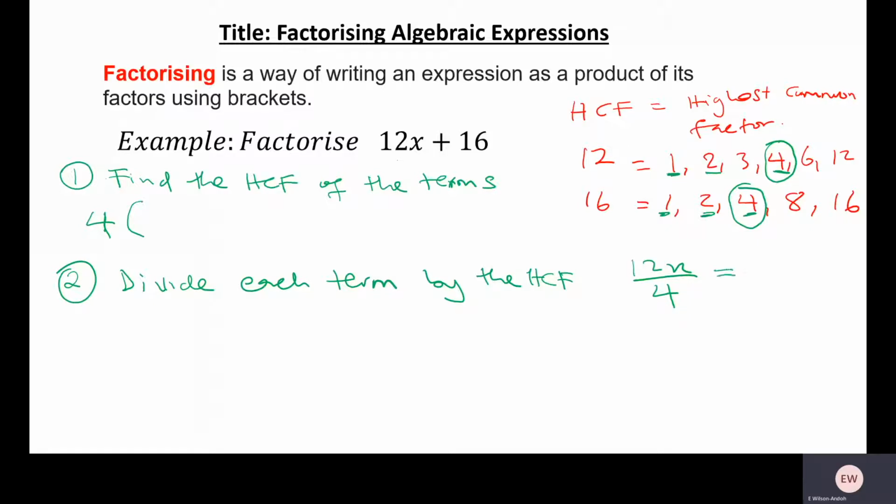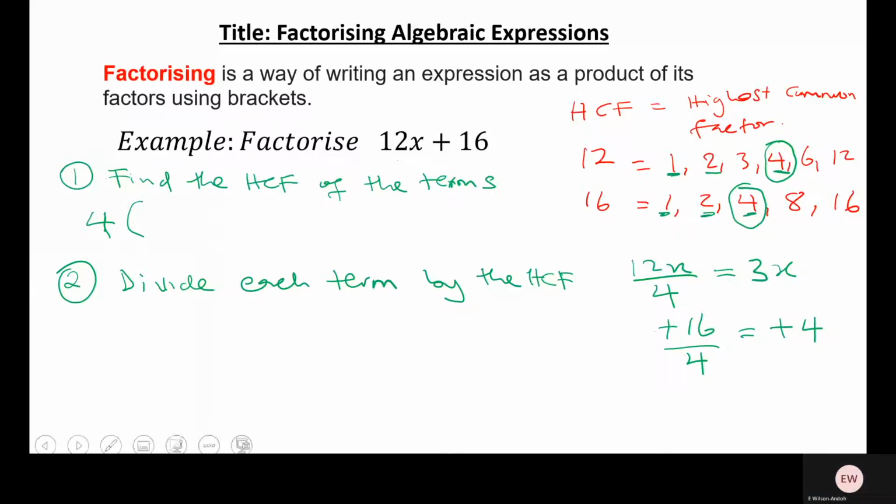And 12 divided by 4 is 3. We do not have any variable x in the denominator, so we are going to have our x there. We pick the second term, always work with the signs. So we have plus 16 divided by 4, and this is equal to plus 4.